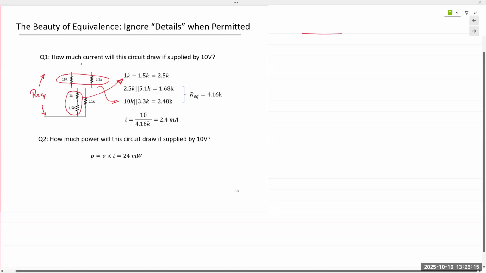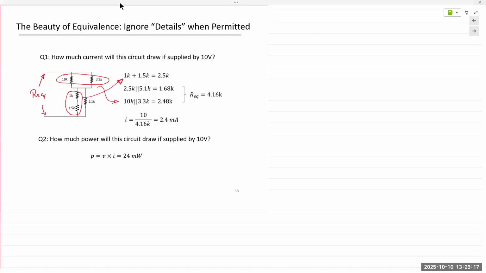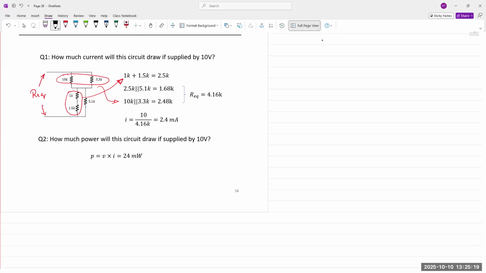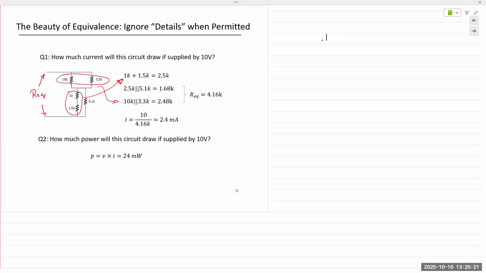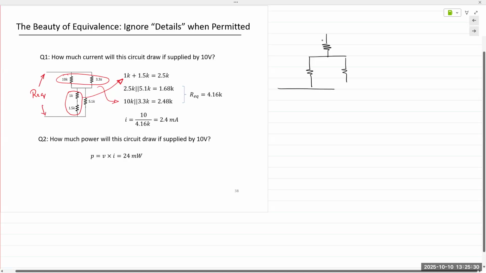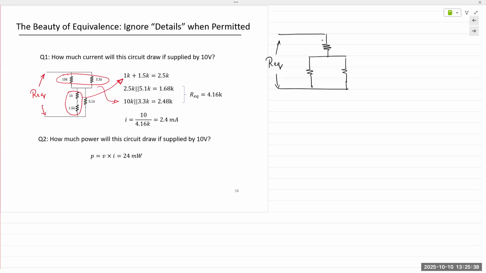The next step here is going to be, right. So this becomes 2.48K.